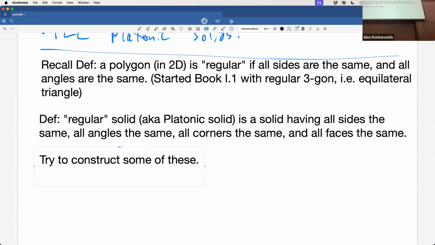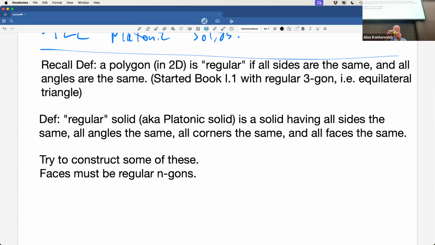You could take equilateral triangles, that's the smallest. The faces themselves have to have all angles and sides the same, so the faces must be regular n-gons: triangles, squares, regular pentagons, hexagons, and so on.